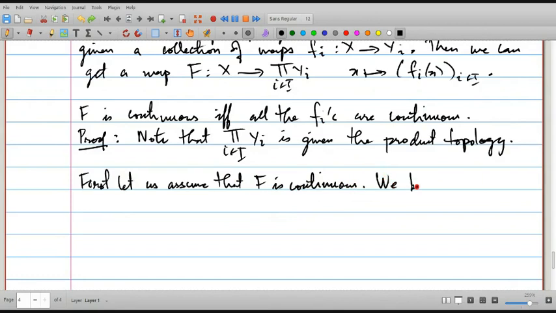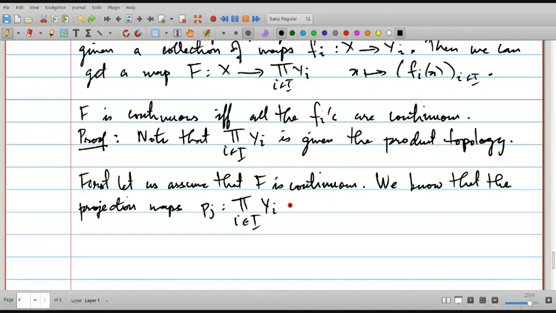So we know that the projection maps p_j from the product of Y_i over i in I to Y_j are continuous.